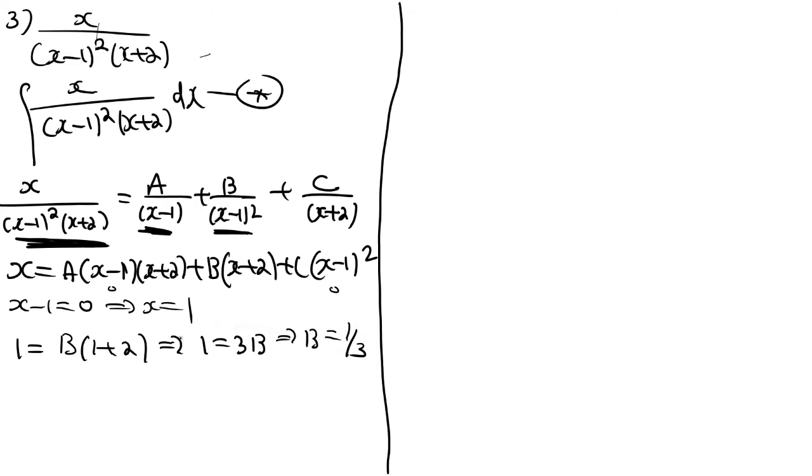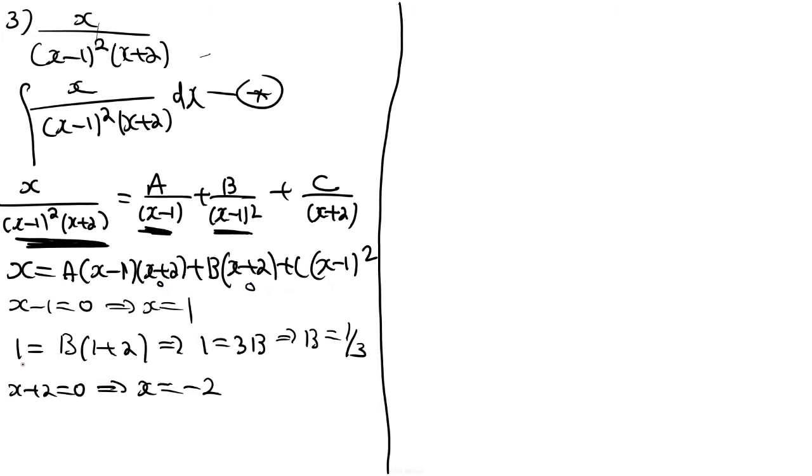Okay, now see, second time here (x plus 2) is there, right? So put x plus 2 equal to 0. This implies x value equal to minus 2. Put x equal to minus 2. Here, putting minus 2, this first term will become 0, right? Because plus 2 minus 2, its value is equal to 0.